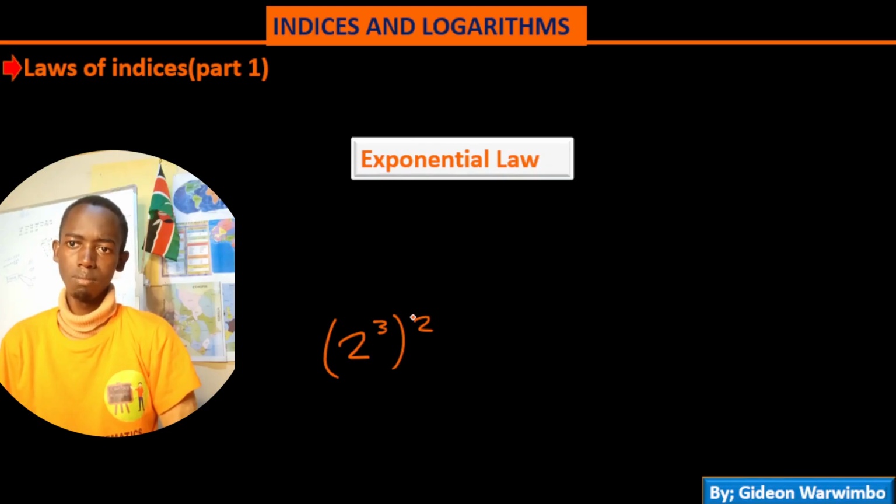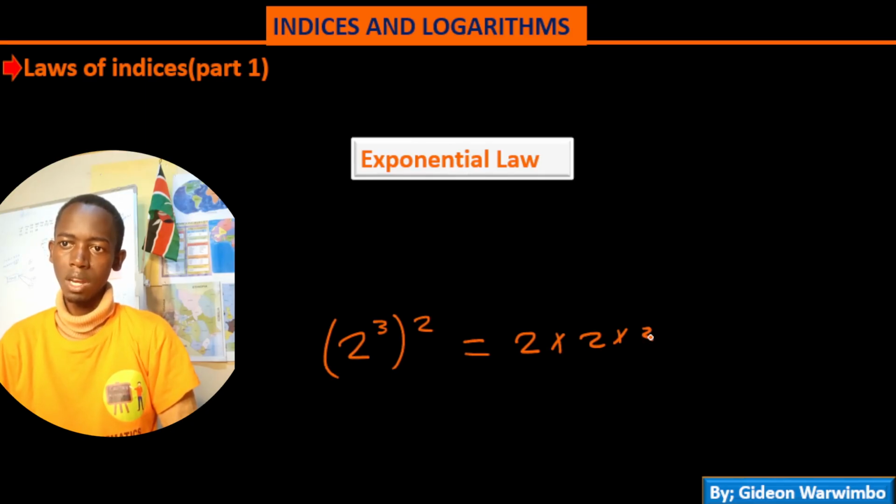But how would we deal with that? We have 2 to power 3 multiplied with 2 by 2 again, so that is the terms that are there in the brackets, but then we have this power that is here too.